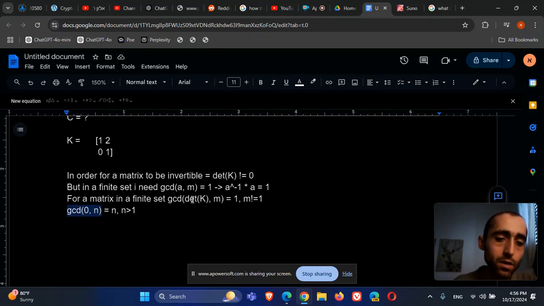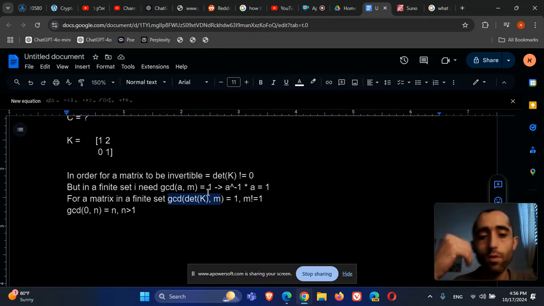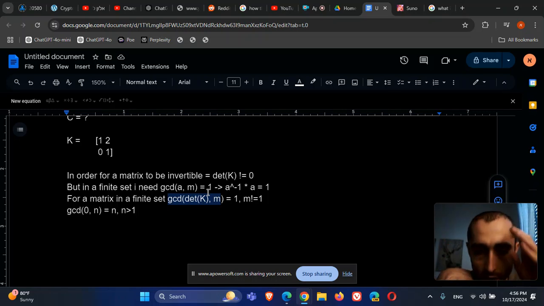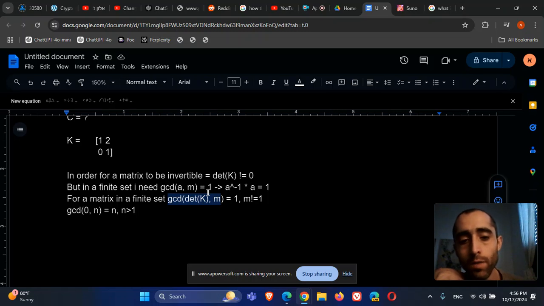So if the determinant is 0, the result will be m, and if m is greater than 1, the result won't be 1. Remember, the GCD of 0 and n is just n. So if m is not 1, the determinant must not be 0. Anyway, this is the condition I need to satisfy in order for a matrix K in the finite set we are working in to be invertible, where the size of the finite set is n.